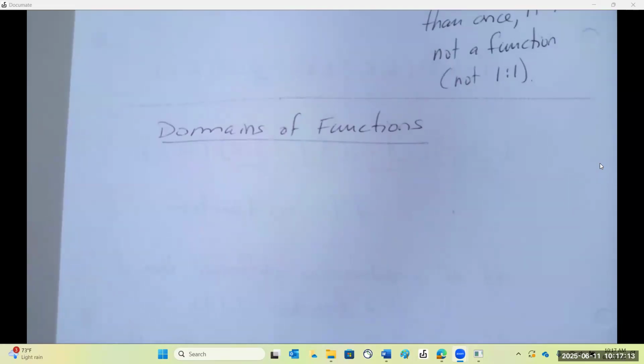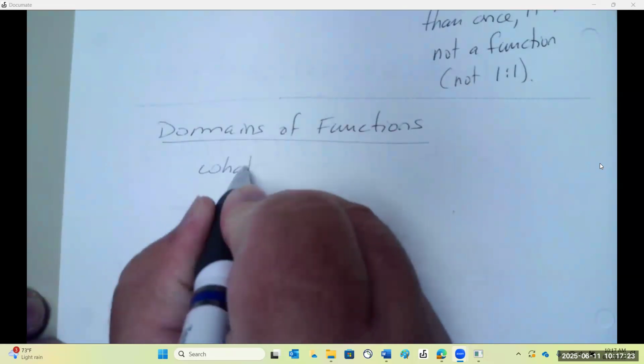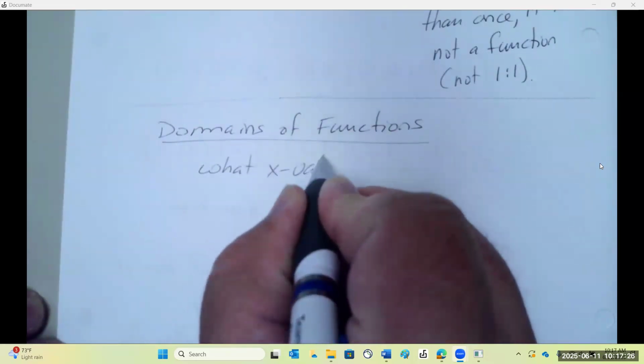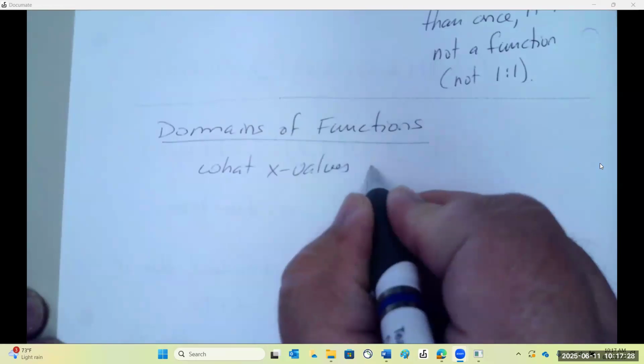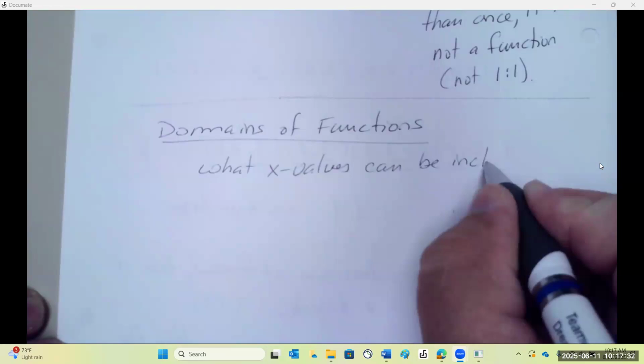When we talk about domains of functions, what are we looking at? Yes, we're looking at what X values can be included?